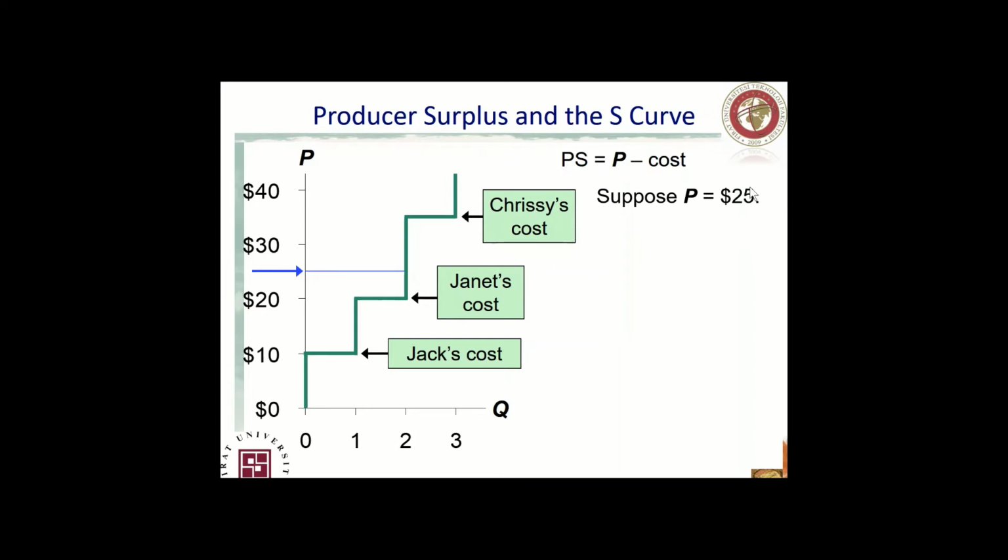So if the price is 25, it's higher than his cost, and in that case he would be offering the service.